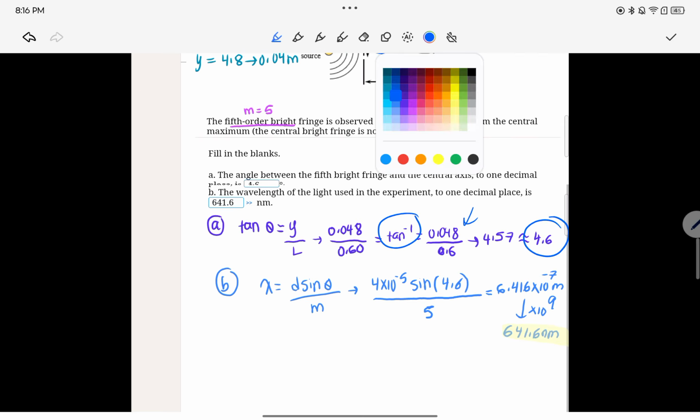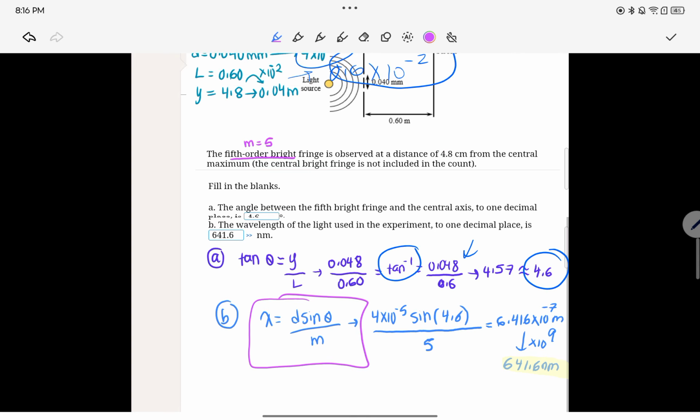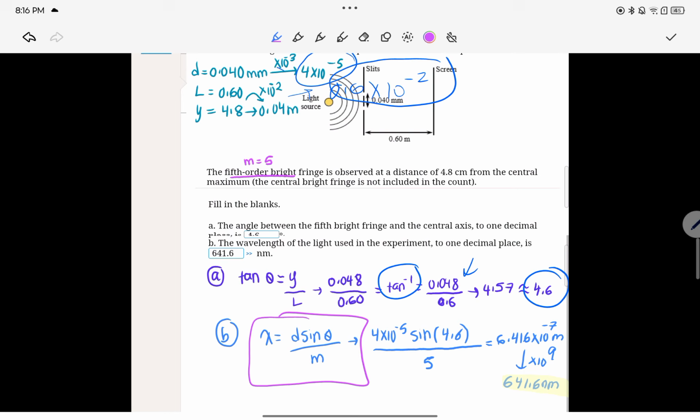Now, remember this formula. You have to memorize it by heart, because most of the exams, okay, you do it. Look, the D, like I said here, the sine is 4.6 from the angle we got first here.